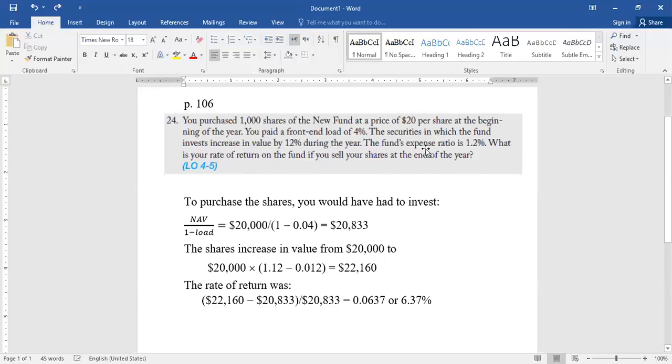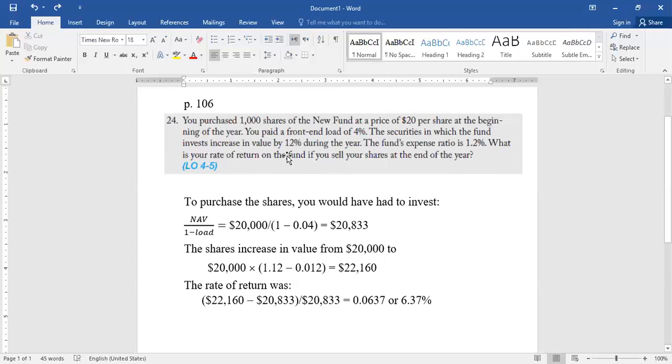But however, the fund's expense ratio, don't forget, is 1.2%. Therefore, the shares increased in value. They started at the price of $20 per share. I had 1,000 shares, so I had $20,000 worth of shares at the beginning. So these shares increased in value from $20,000 to what?